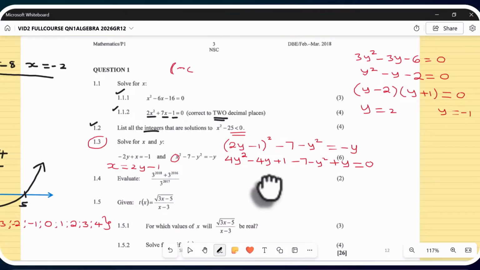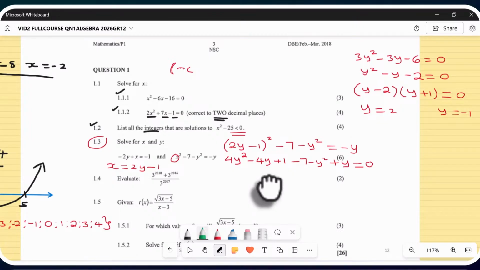Other side here, if now we put the negative 1, we're going to have our x equals 2y minus 1, so 2 times the y. Our y is negative 1, right?